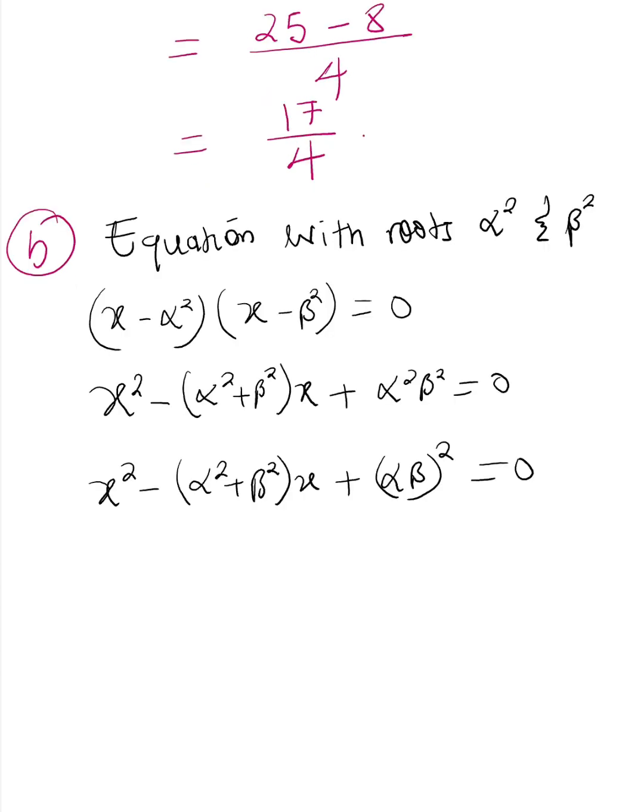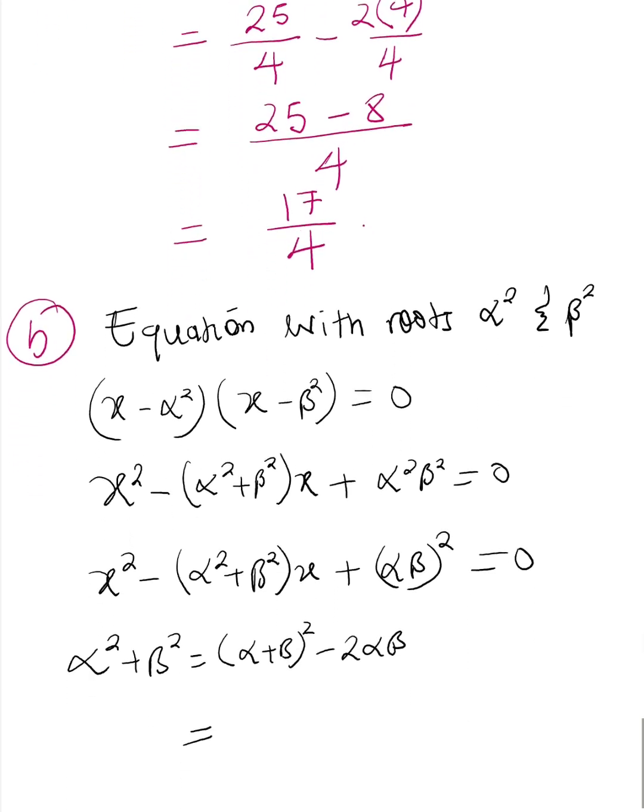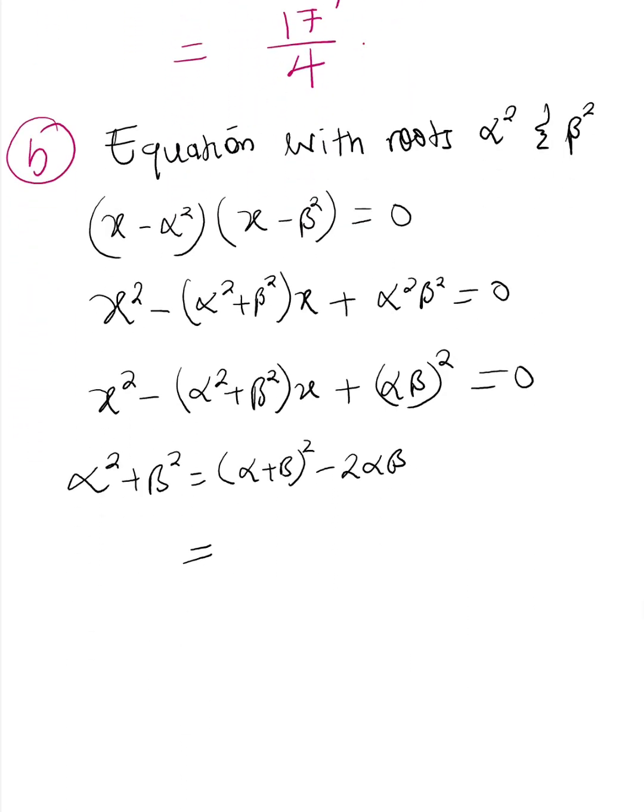But from part A we have that alpha squared plus beta squared is the same as alpha plus beta squared minus 2 alpha beta, which you do not necessarily have to calculate because we have already computed it, right? But I may just compute it again for fun.